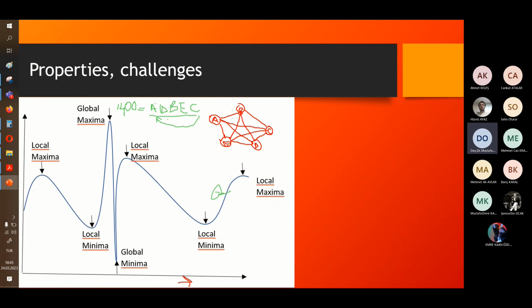How did I write this solution? Randomly. Is it a good solution? How can I evaluate this? By adding the distances between relevant corresponding nodes, and I can find the total tour length, and that will be my fitness value.